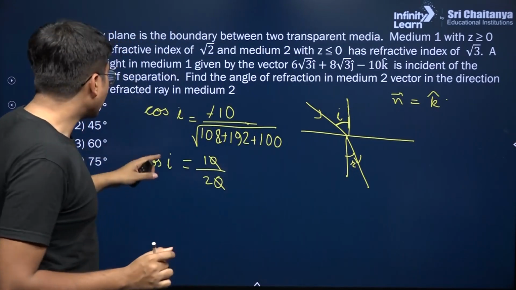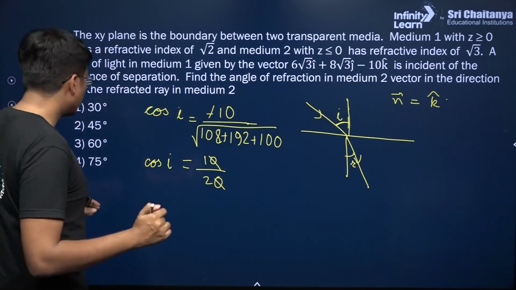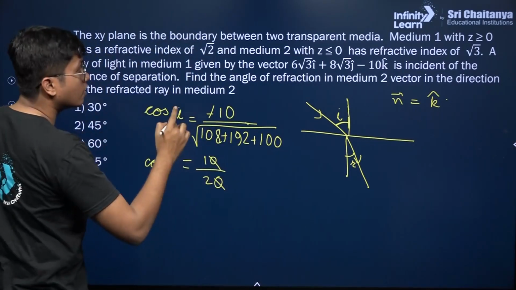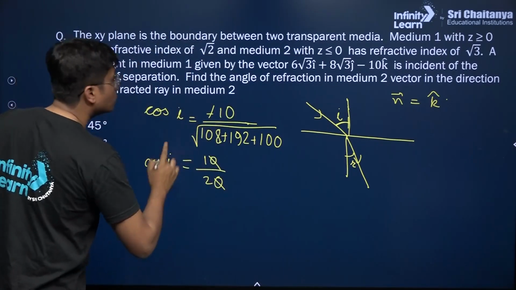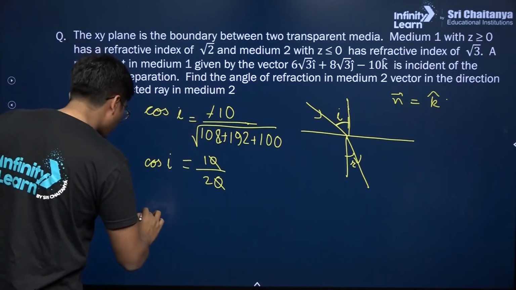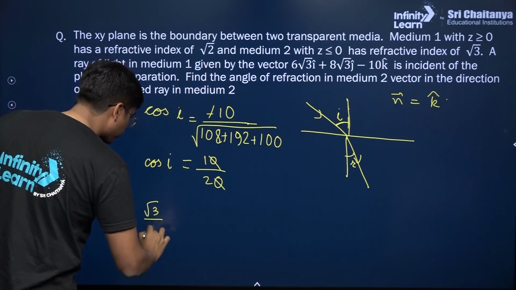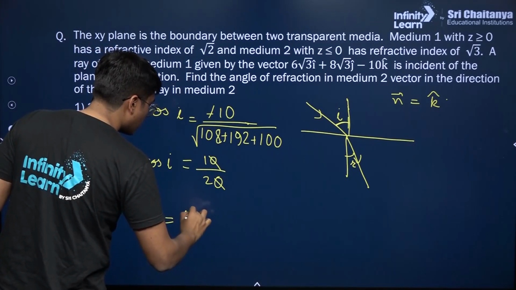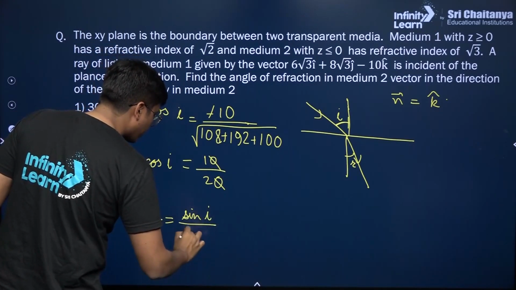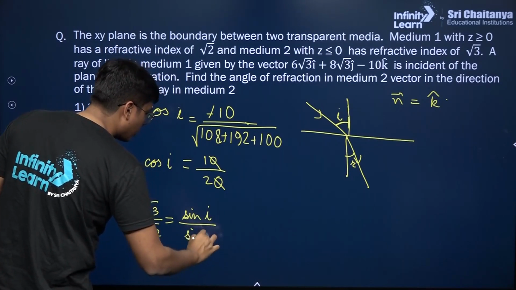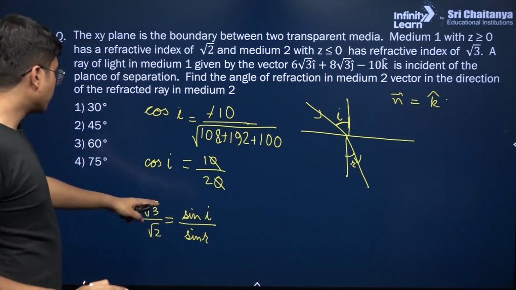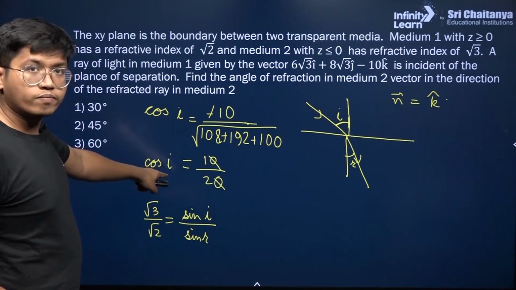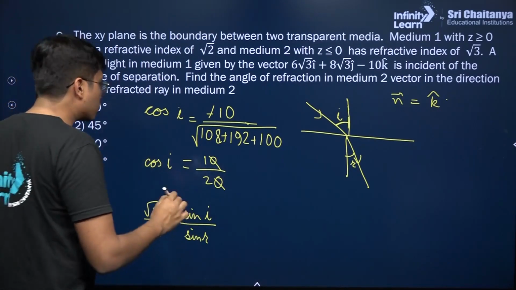Now sin I by sin R would give us, let's write this here, √3 by √2, that is the refractive index, would be equal to sin I divided by sin of R. Now we need sin I, but we don't have sin I yet. We just have cos I, which is half. So from here we can actually get sin I.